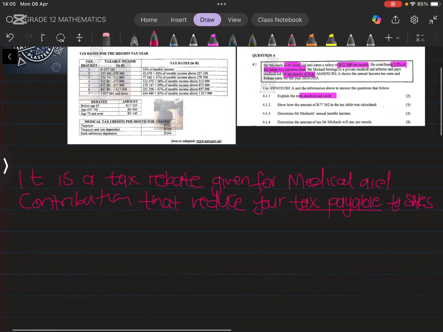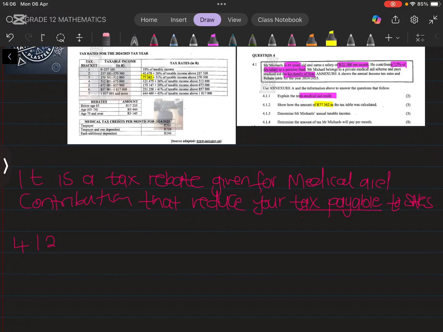Okay, so let's look at 4.1.2. Now they say to you, show how the amount of 77,362 was calculated from the tax bracket.